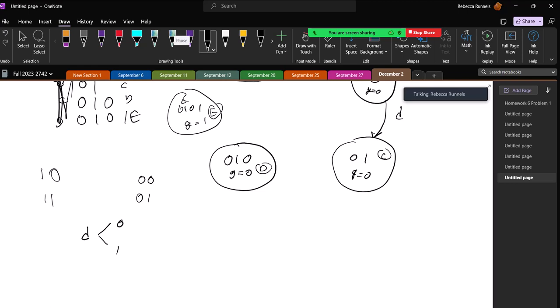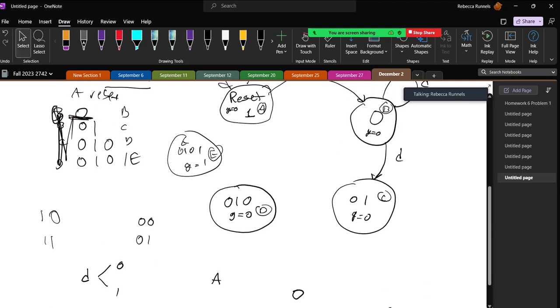Now, what state I'm in depends on what I've already gotten. And so my state A says that what I have in my path towards getting my sequence is just a 0. My sequence that I'm trying to detect is 0, 1, 0, 1. That's what I'm trying to detect.